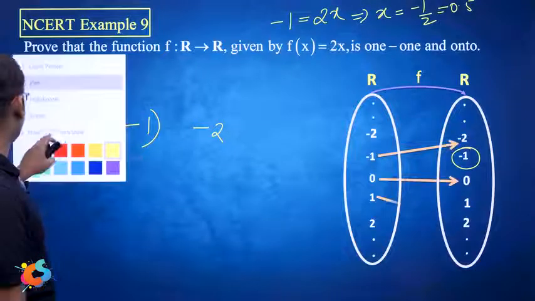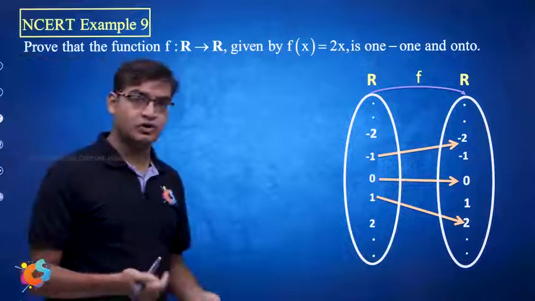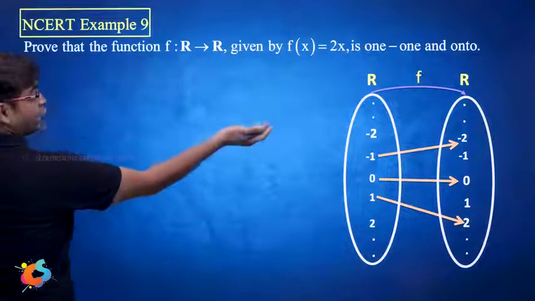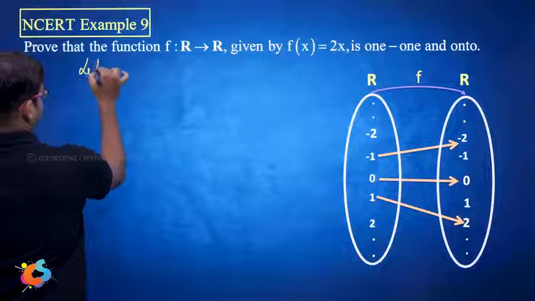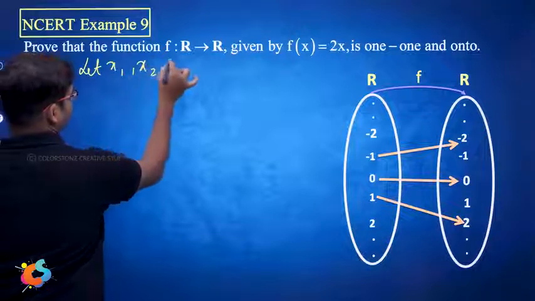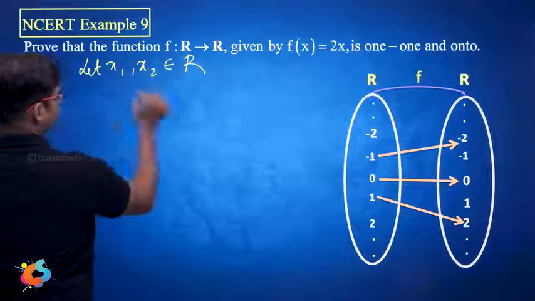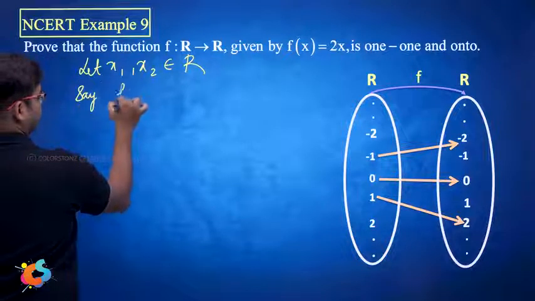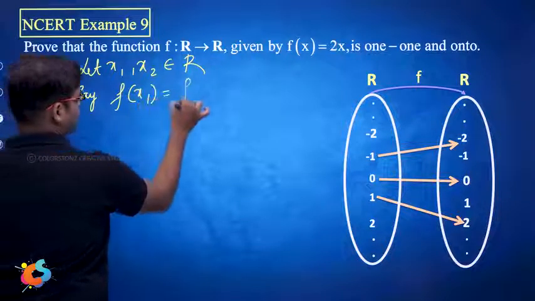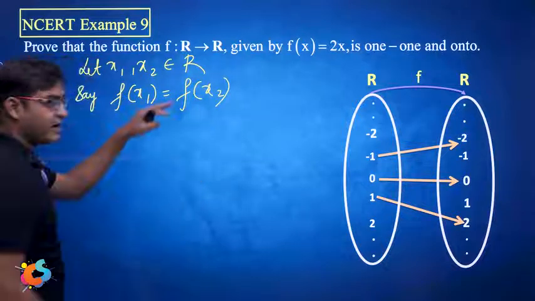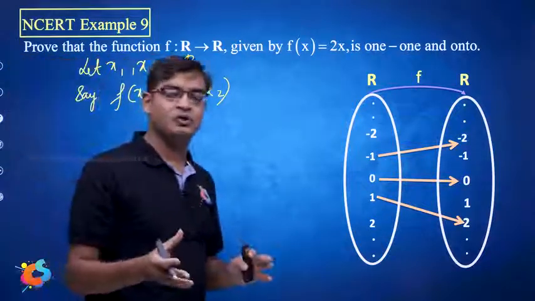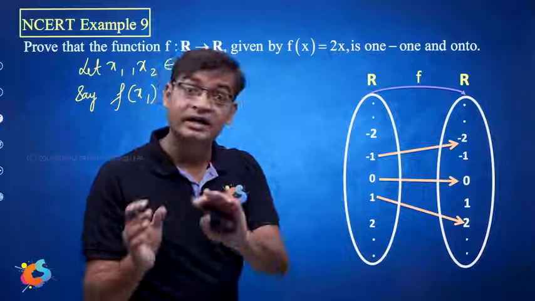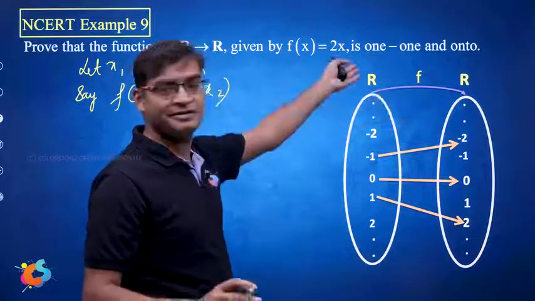So let us complete the problem. Let us write what we have understood. And so how do you prove that it is a 1-1 function? Let x1 comma x2 belong to our domain, and our domain is all real numbers. Say f of x1 is equal to f of x2. This is where we have to start. And finally, if you get x1 is equal to x2, then it is a 1-1 function. Here we have to prove that it is a 1-1 function.